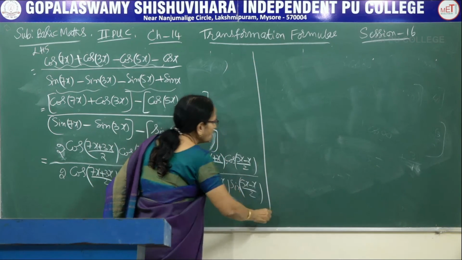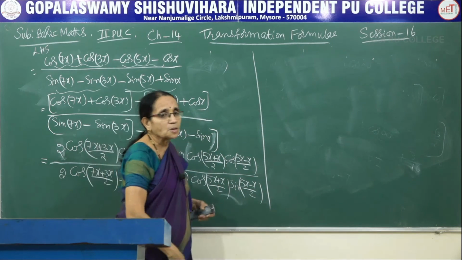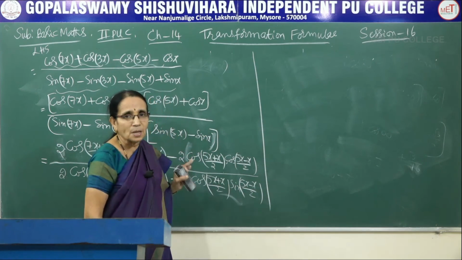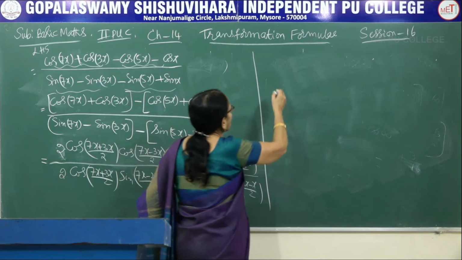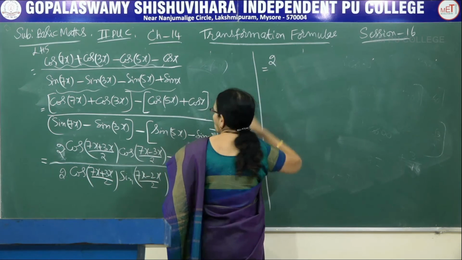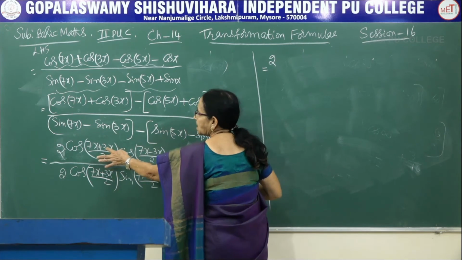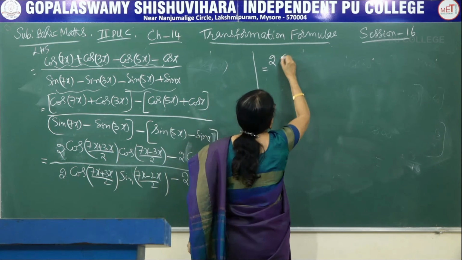So what we have done here, we have applied the transformation formula, cos C plus cos D and sin C minus sin D. Now carefully we will simplify. 7 plus 3, 10 by 2, that is 5.